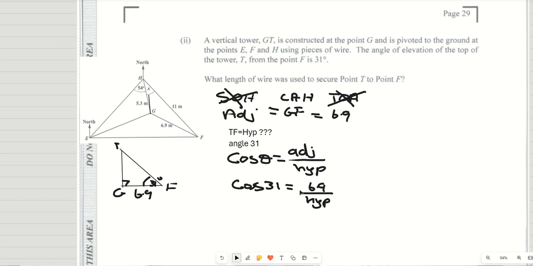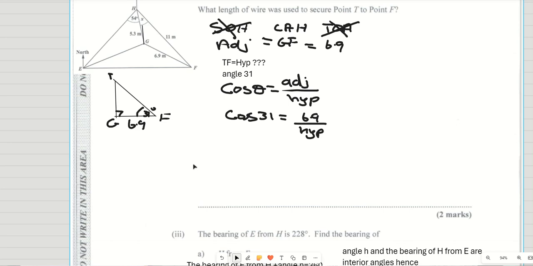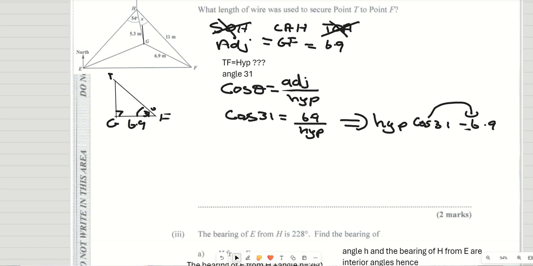So what you're going to do is simply make hypotenuse the subject of your formula. We carry across, divide by hypotenuse to turn to multiply. So this would be hypotenuse cos 31 equals 6.9. But we want hypotenuse by itself, so you carry this across, multiply by cos 31.